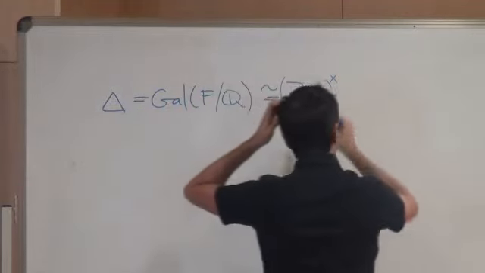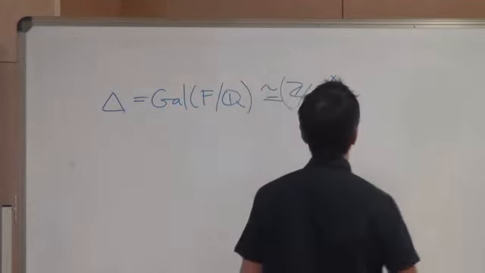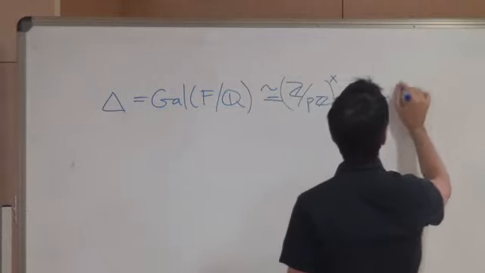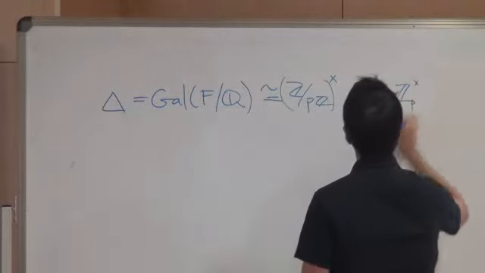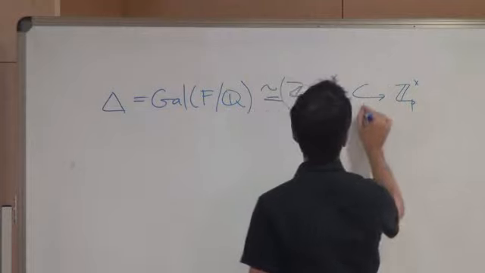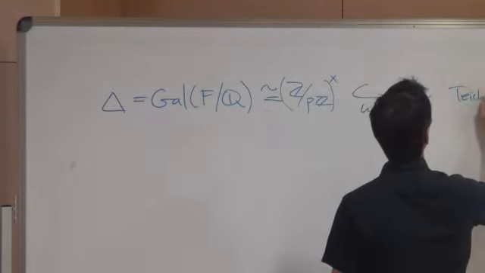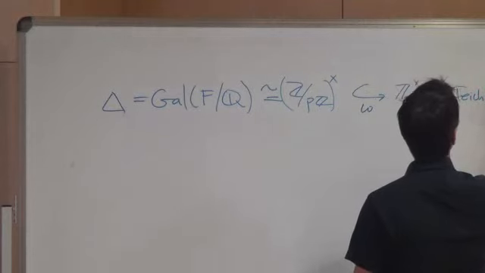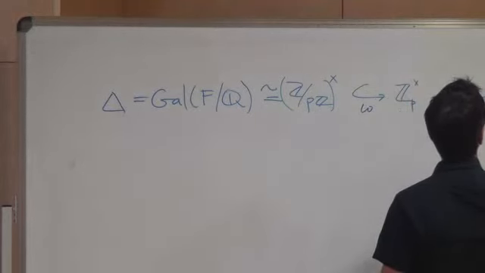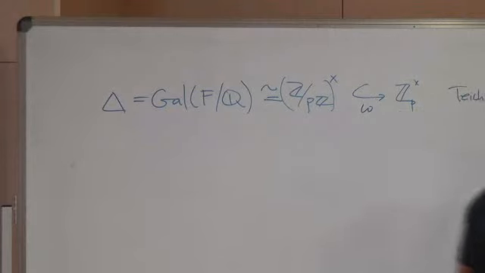And we can think of this (Z mod pZ)^x as the (p-1)st roots of unity in Z_p. So this sits inside Z_p^x. And this character, omega, is called the Teichmuller character.